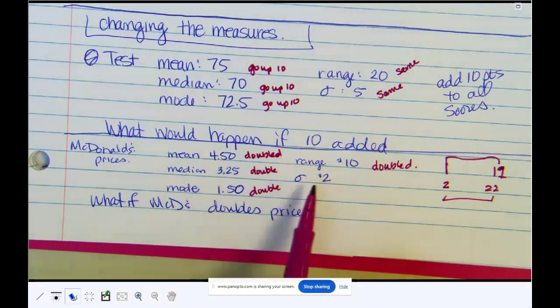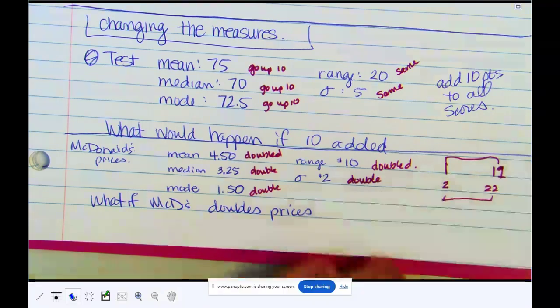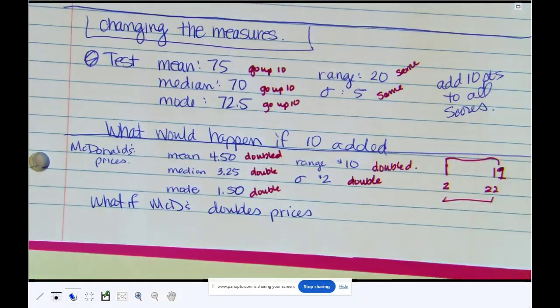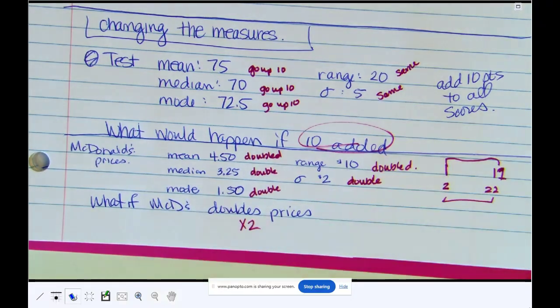What's going to happen to the standard deviation, do you think? It's also going to double, because you're spreading things out. From 1 to 11 versus 2 to 22, you're giving it a much larger spread, so your variation is going to be more. Different things happen when we multiply or we add. When we multiply, everybody changes. When we add, range and standard deviation stay the same.